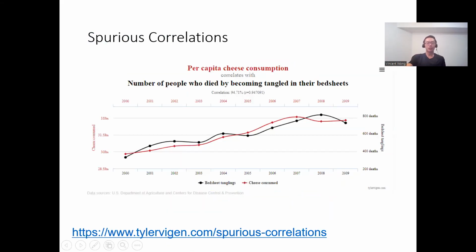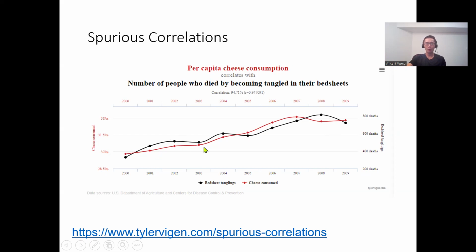There is an interesting website you can click on to look at if you want. It shows you trends that are very similar to each other, but they have absolutely nothing to do with one another. For example, the blue graph here shows the number of people who died by becoming tangled in their bed sheets. That's apparently a thing that actually happens.